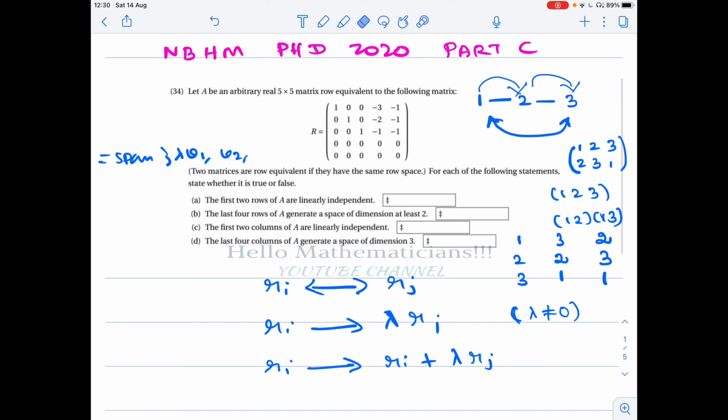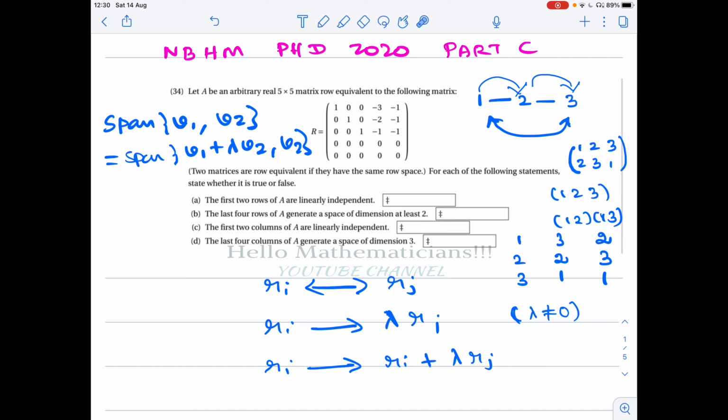So basically what we have to prove, for simplicity we take only two vectors, v1 and v2: span of v1, v2 equals span of v1 plus lambda v2, comma v2.